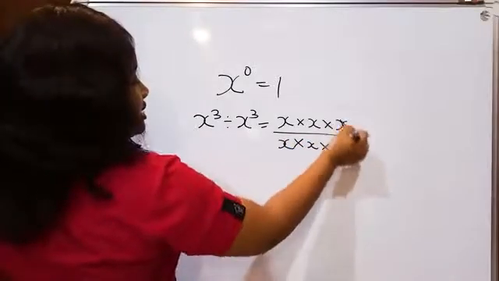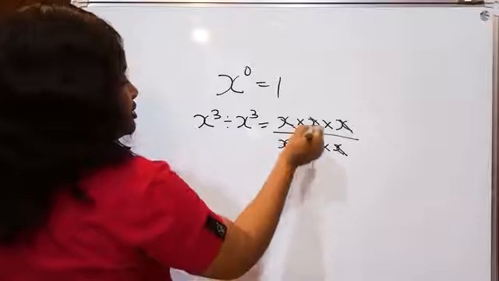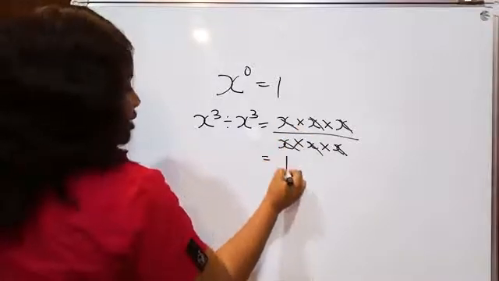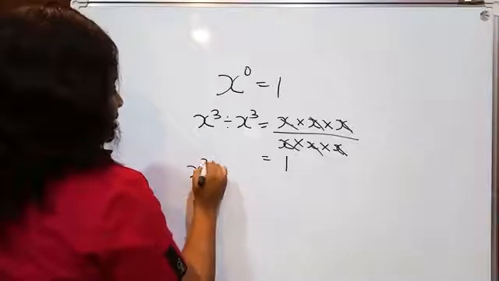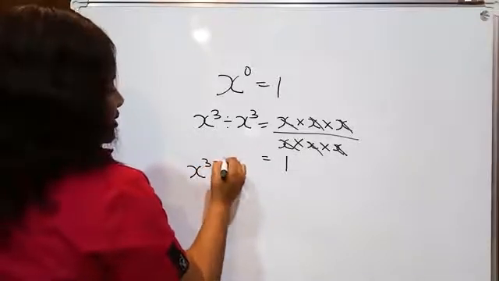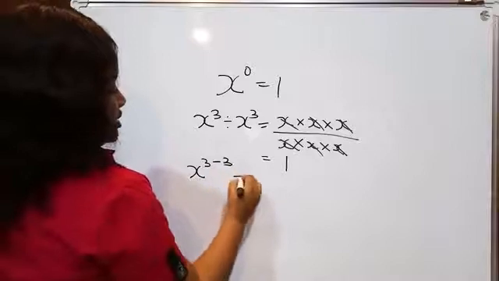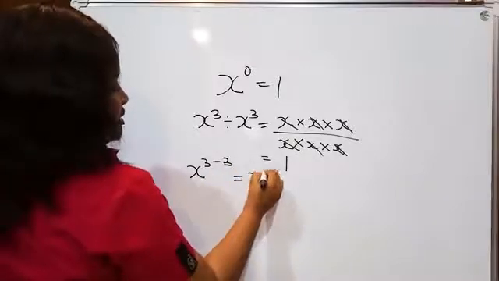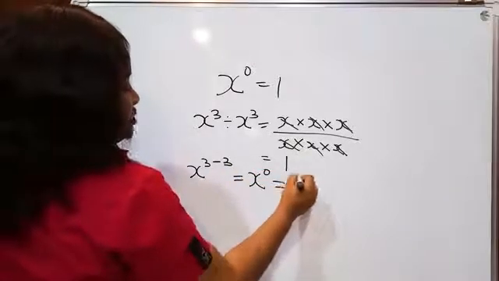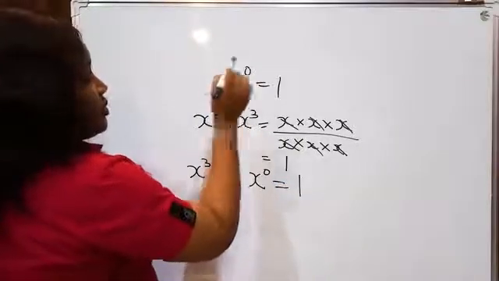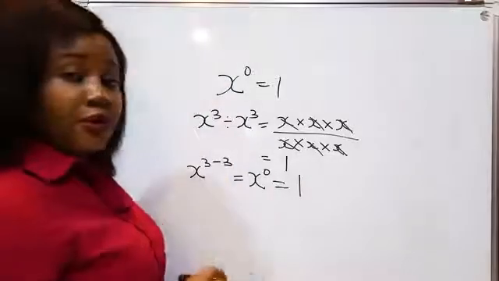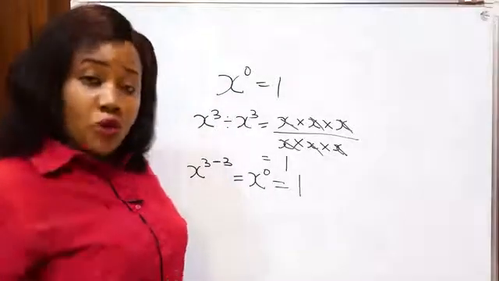When you cancel, you're left with 1. And it's still the same thing as saying x raised to the power 3 minus 3, which is x raised to the power 0, which gives us 1. So x raised to the power 0, or any number raised to the power 0, equals 1.